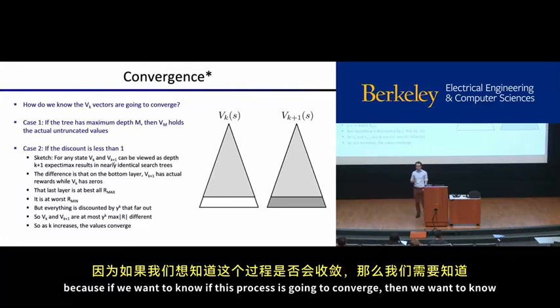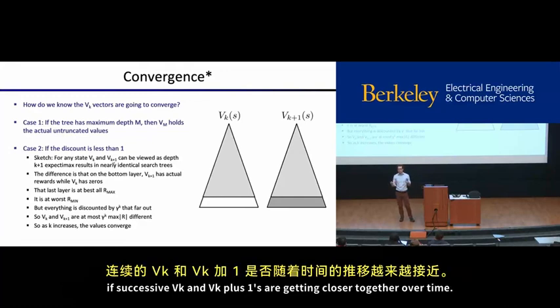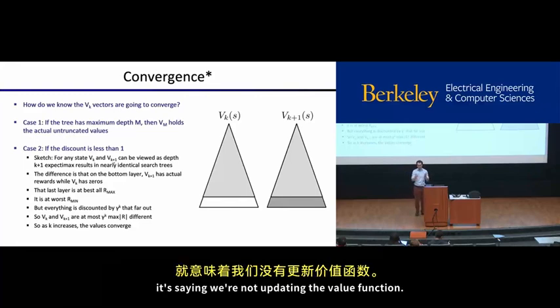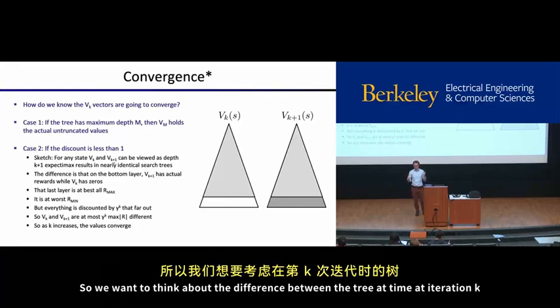Because if we want to know if this process is going to converge, then we want to know if successive vk and vk plus 1 are getting closer together over time. If these two things are equal to each other, it's saying we're not updating the value function. We've already converged. So we want to think about the difference between the tree at iteration k and the tree at iteration k plus 1.